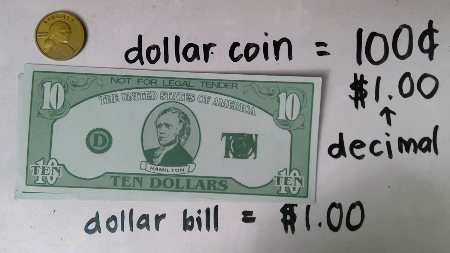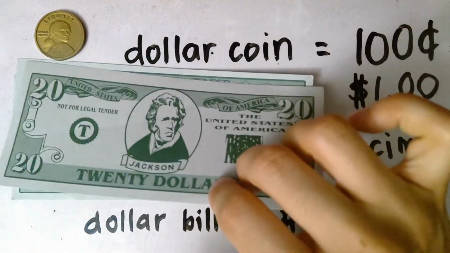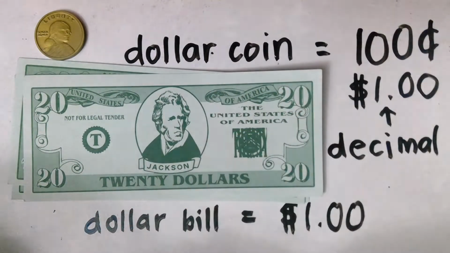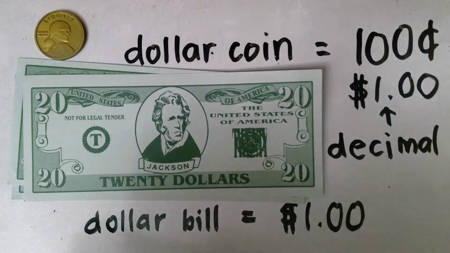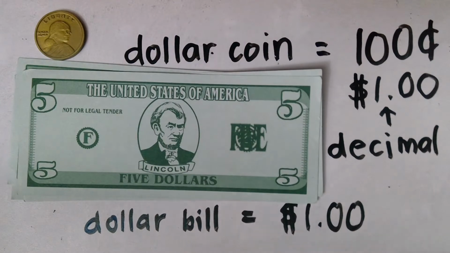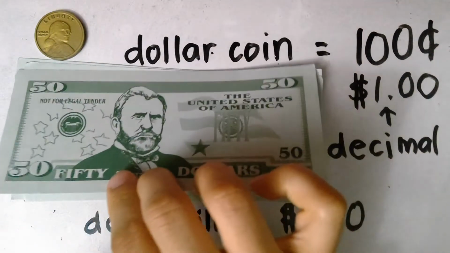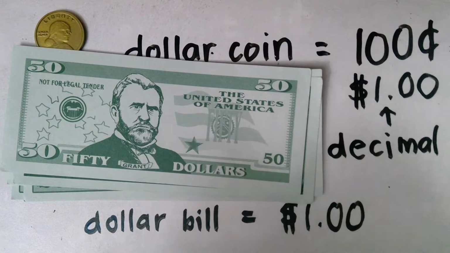We have Jackson, and on the $20 bill, let me see if I have a 5. We have Lincoln again. He's on the 5. We have Grant on the 50.